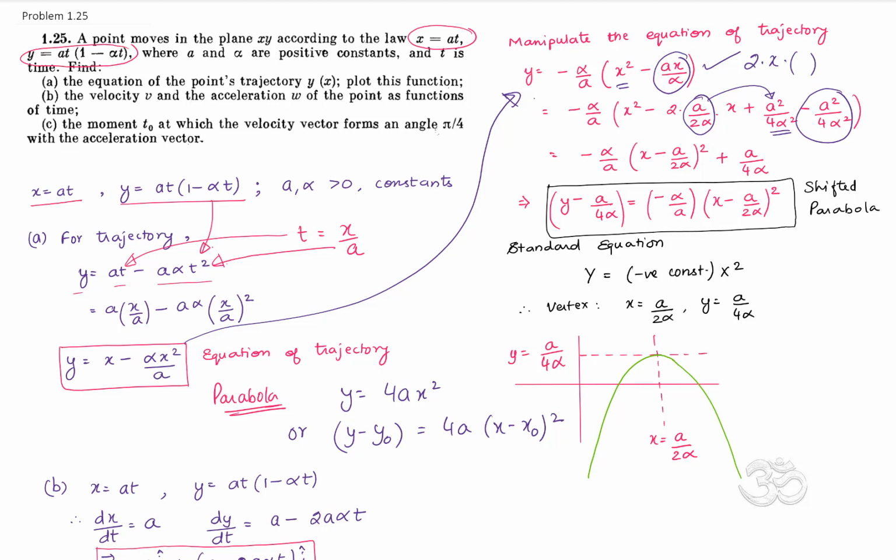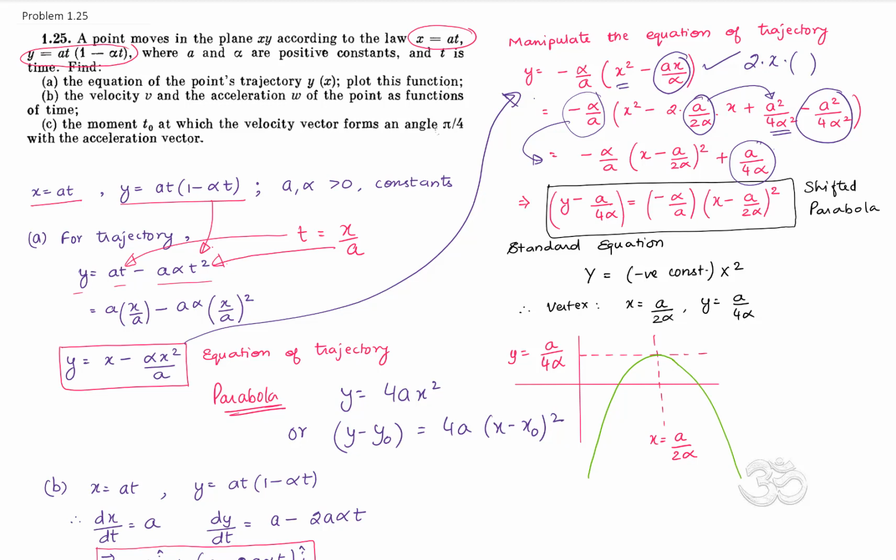And then you will see that this equation can be expressed in a square form: minus alpha by a into x minus a by 2 alpha whole square, plus this term here, which is in fact the product of the term outside the brackets and the last term inside. This term goes over to the other side, and we have y minus a by 4 alpha is equal to minus alpha by a into x minus a by 2 alpha whole square.